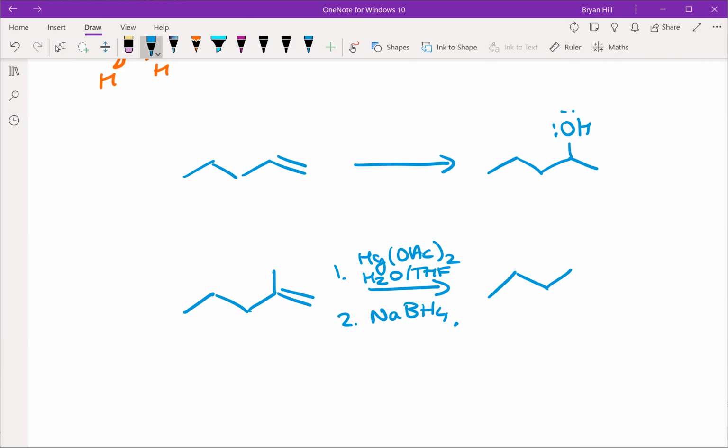Then in this case, you're going to put the hydroxyl group on the more substituted carbon. So that's basically the oxymercuration reaction.